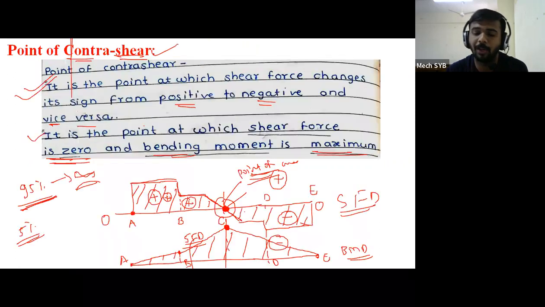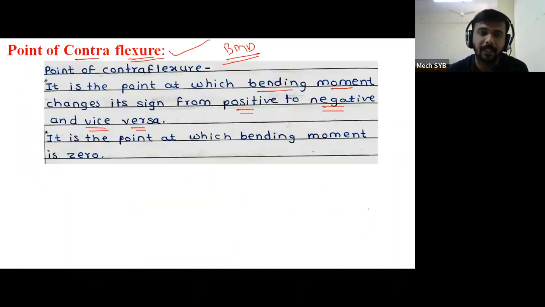Point of contra shear मध्ये काय? Shear force changes its sign from positive to negative. त्यामुळं हा point of contra shear आपल्याला फक्त SFD मध्येच मिळतो. But the point of contra flexure, its definition is, it is the point at which bending moment changes its sign from positive to negative and vice versa, or negative to positive.